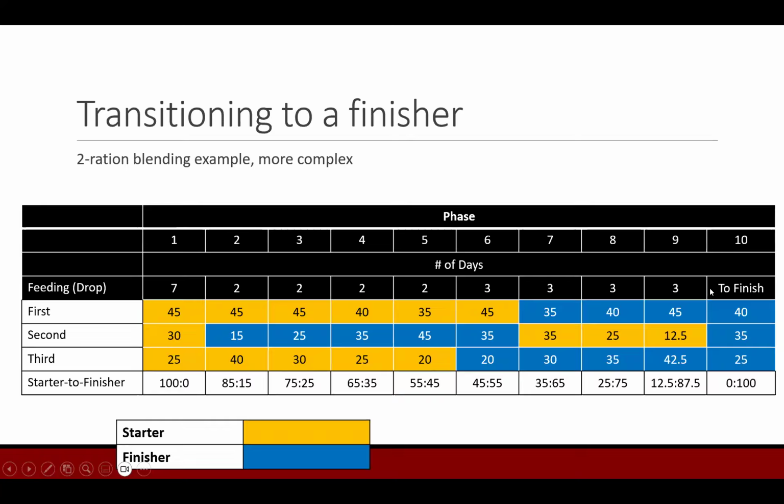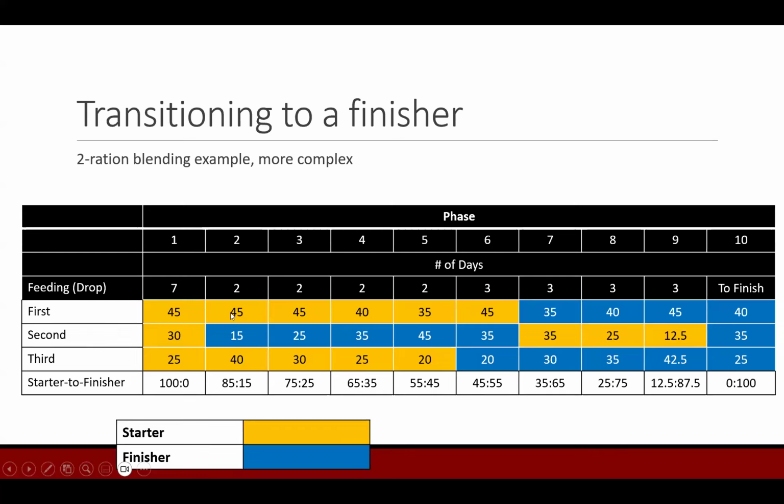This tells you the number of days that they're being fed each specific ratio of these diets. Okay. So get them on feed. We're going to feed them 100% starter for 7 days. Okay. 45% of their daily allocation will be allocated during that first drop. Okay. 30% in the second, 25% of their daily allocation of feed in this third drop.